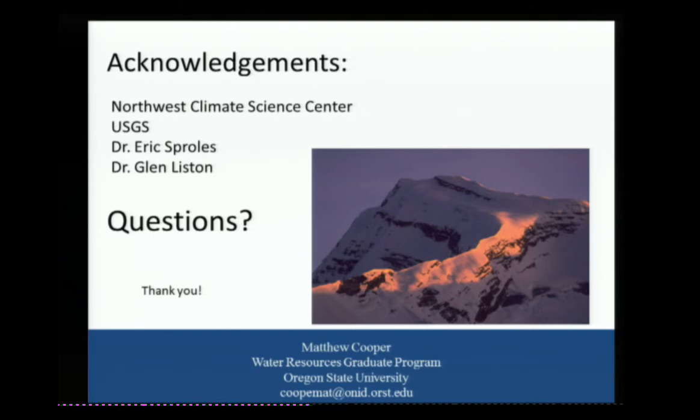Sure, that's a great question. And that's something that is definitely room for improvement in the model. You assign a gridded vegetation data set, and we use the National Land Cover data set. For every grid cell, there's an associated LAI value with the vegetation cover in that grid cell, and that gets used in all sorts of calculations in the model, simulating the interception by the tree canopy, et cetera.